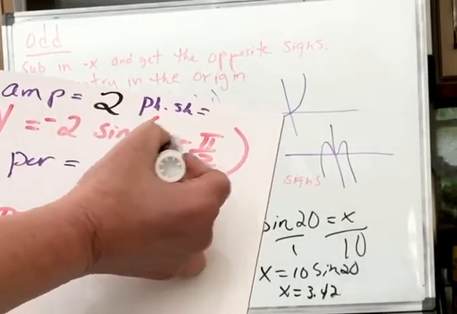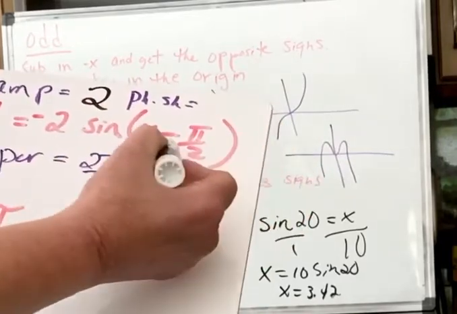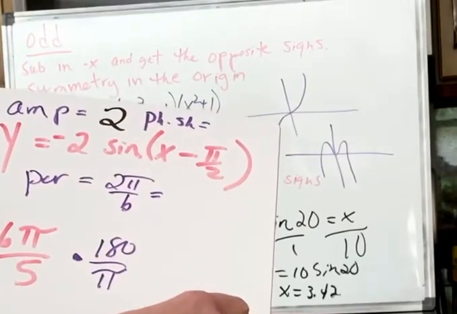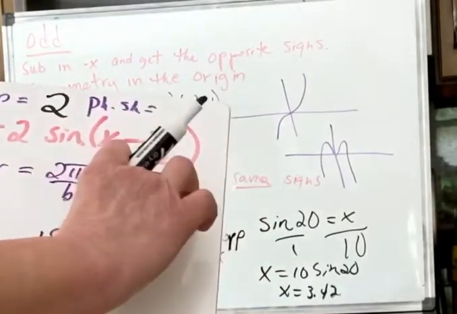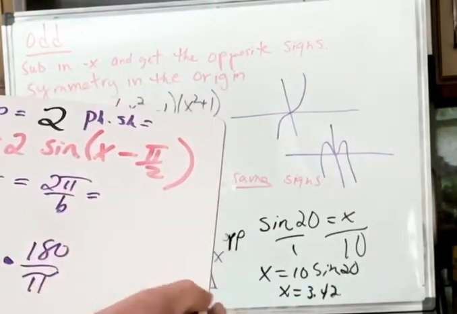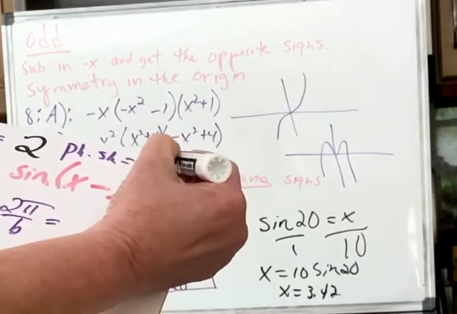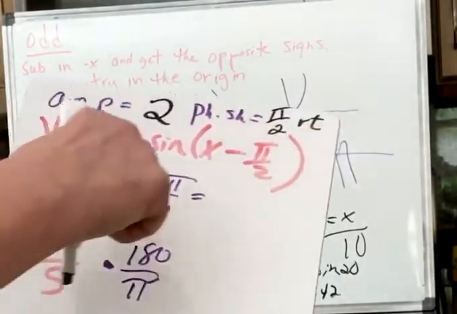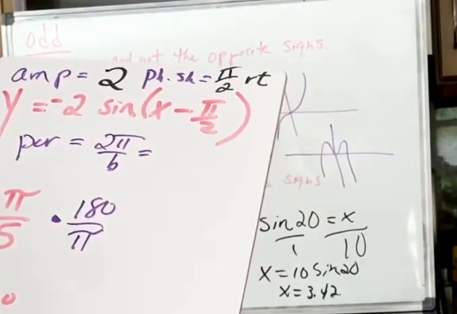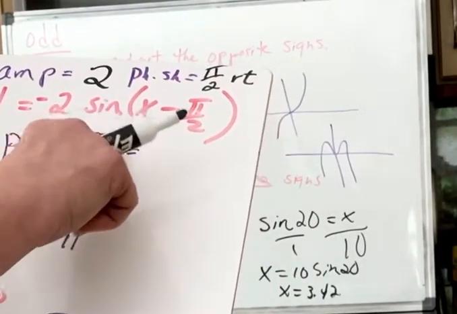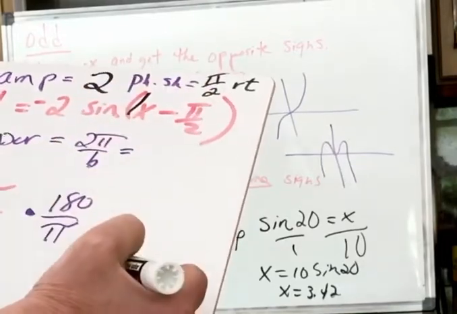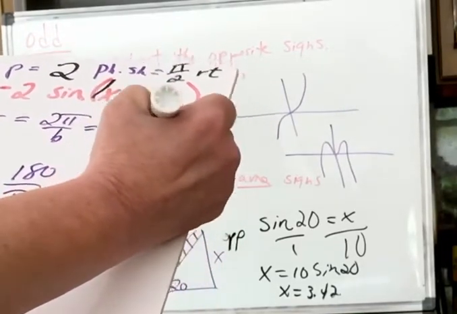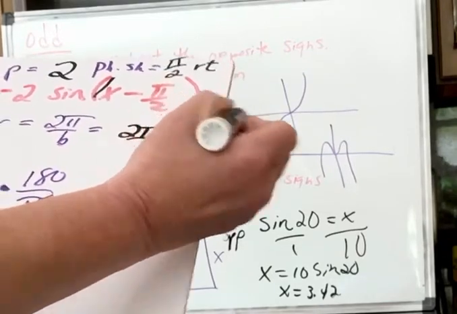My phase shift is how far to the left or right it goes. Recall that x is what I always call confused, which means it seems to go in the other direction than you would expect it to. Therefore, the phase shift here is pi over 2 to the right. If they ask me about the period of this function, the period is 2 pi over b. This b is just 1. So therefore, the period is 2 pi over 1, also known as 2 pi.